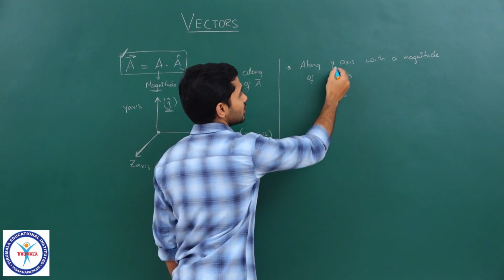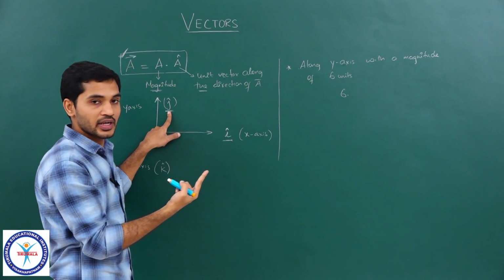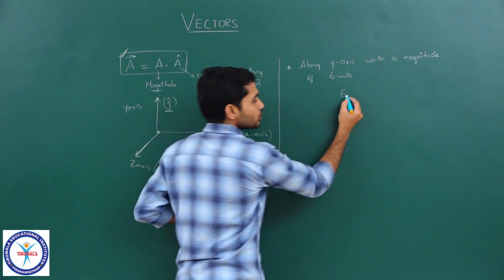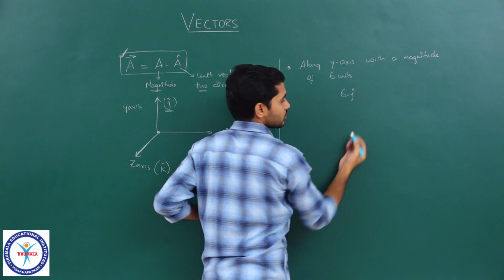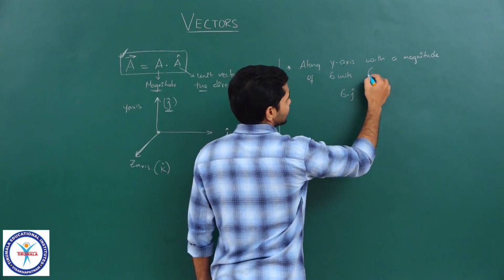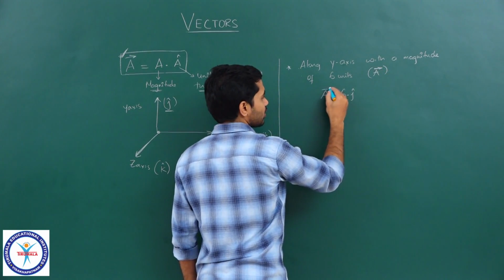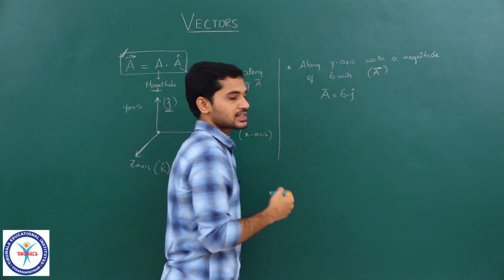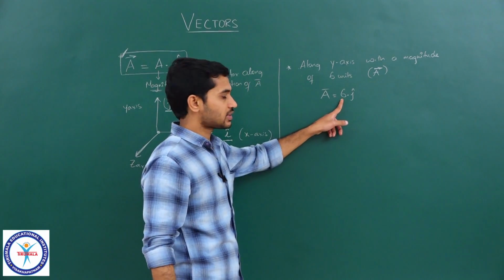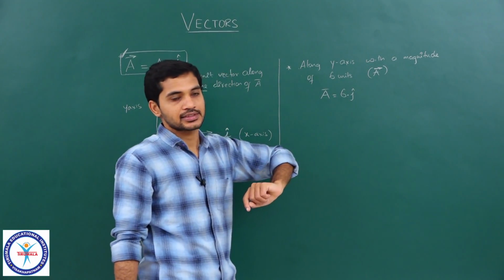Along the y direction, what is the unit vector which we have defined? J cap. So 6 into j cap will be the value of that vector. So let's call that vector a bar. So that vector a bar can be represented as 6 j cap. 6 is the magnitude, j cap is the unit vector along y axis.